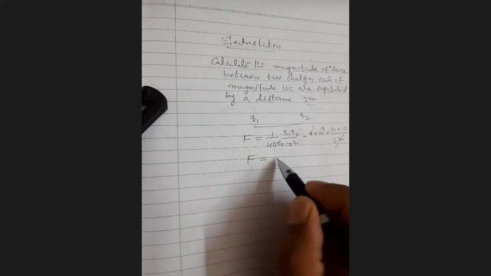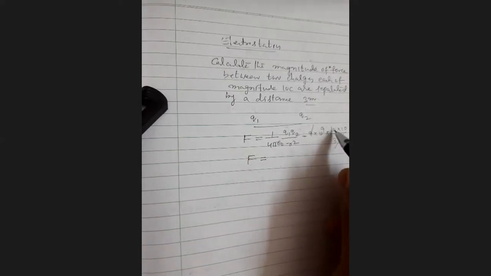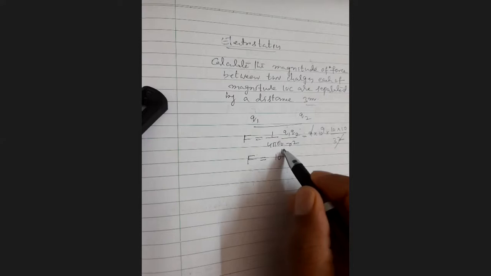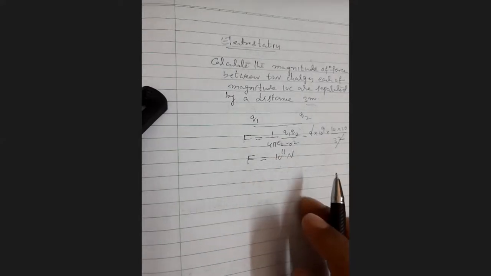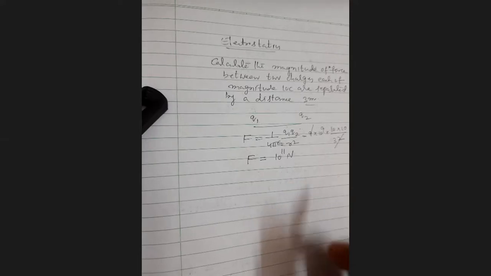Then F is equal to 10 power 9 into 10 square, 10 power 11 Newton. So to calculate the force between the given two charges, we are using Coulomb's inverse square law, that is F is equal to 1 by 4 pi epsilon naught Q1 Q2 by R square.